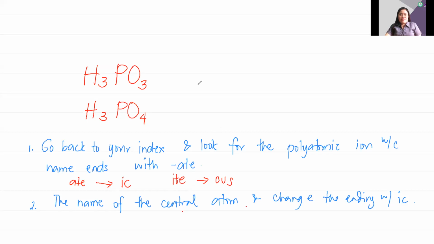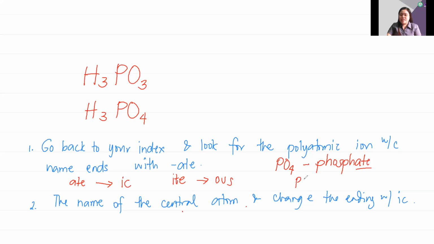Yes, Mariam. PO4 po yung base acid. Okay, si PO4 ang base acid. Kasi anong pangalan ni PO4? Phosphate po. So siyang nag-end sa 8 (ate).